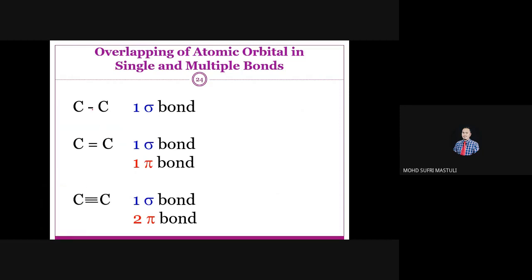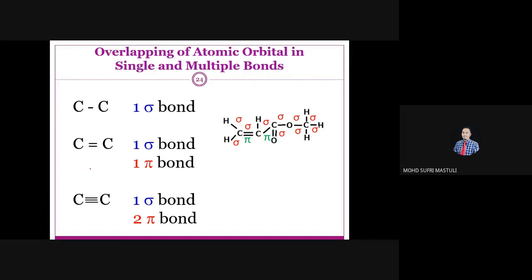For single bonding, it has one sigma. For the double bonding, it has one sigma and also one pi.